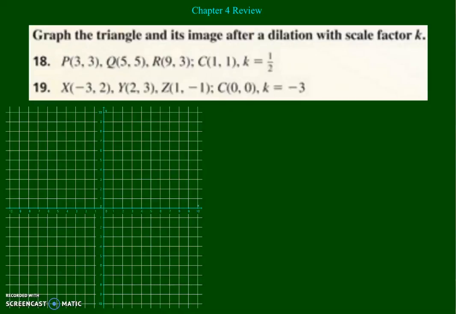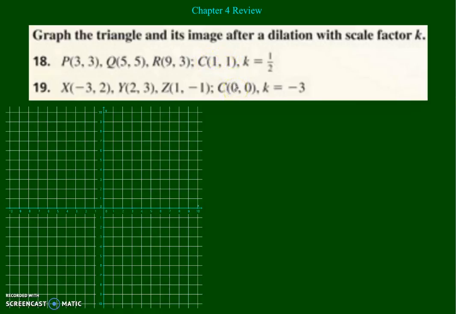This is a continuation of the Chapter 4 review tutorial series with Problem 19. Problem 19 is a dilation of a triangle. This dilation is with respect to the origin. Now, dilations with respect to the origin are much more straightforward than dilations with respect to some offset point, as we did in number 18.